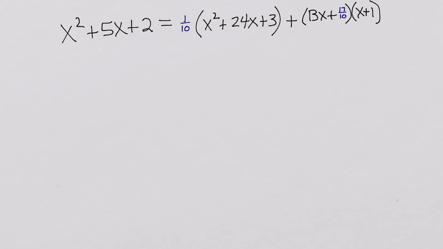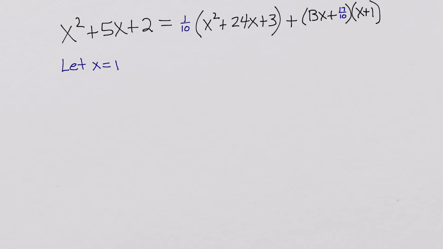So now I can really plug in anything I want to, and I want it to be as easy as possible, because why would you make it harder if it could be easier? So I'm going to let x equal 1, because that's pretty much the only really easy number I have left. I've used -1 and 0. So I can let x equal 1. And because I really have only one unknown quantity left, that's going to work just fine.